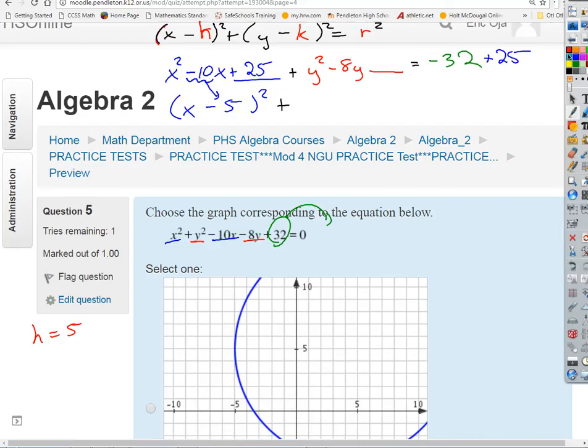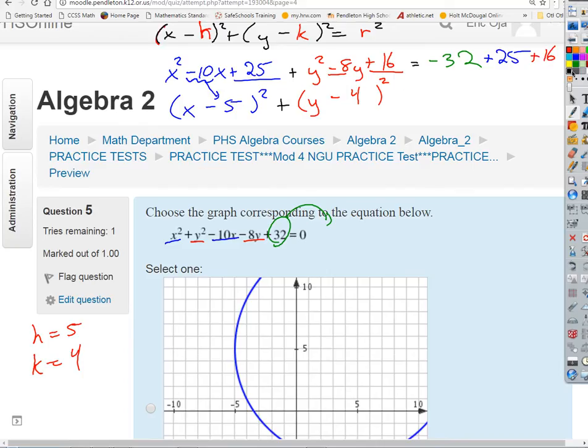Okay, what about the y's? So Gabe, what's the number that's going to be combined with y? −4, right? It's got to be half of −8. So that means k is 4. And then what number do I have to add to both sides? 16.